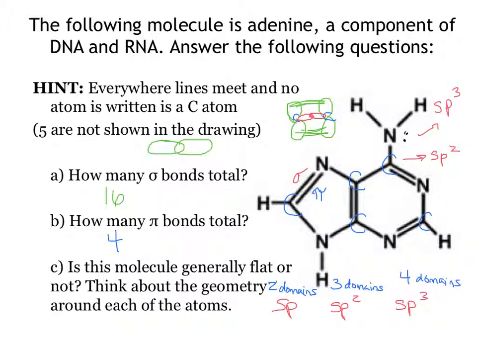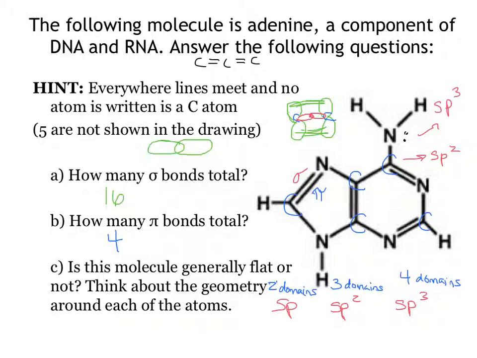If I have 2 unhybridized p orbitals, how many double bonds can I make? 2 double bonds. So that's one thing you might see. You might see something like carbon double bonded in both directions. That would be an sp hybridized carbon because it's using one of its unhybridized p orbitals to make one double bond, and using the other one to make the other double bond.